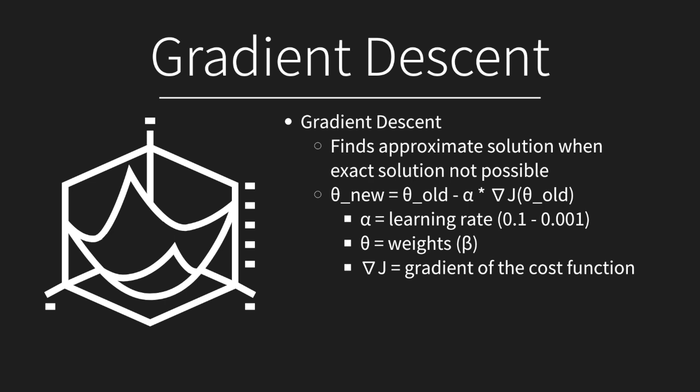When using gradient descent, the general formula for updating a weight is this. The new weight equals the old weight plus the learning rate times the partial derivative of the cost function with respect to the weights. We're not going to use a learning rate here, but we will in the future when we talk about neural networks.